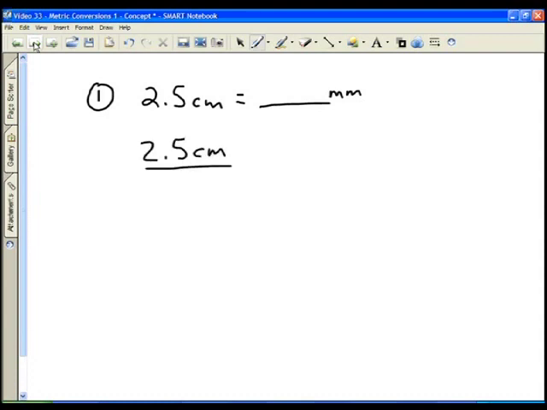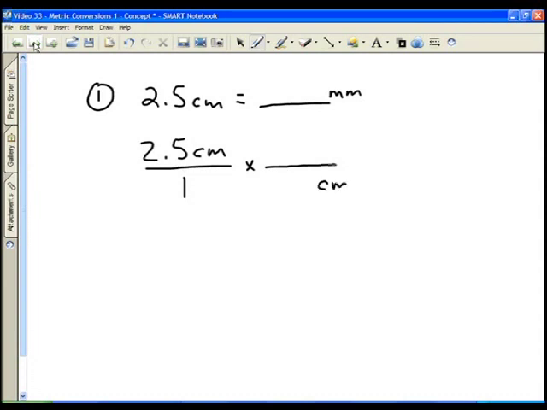We have 2.5 centimeters, and that's the original value that we start with. And now we want to get rid of, so we multiply it by another fraction. We want to get rid of our centimeters and replace our centimeters with millimeters. So this is the label part of the factor label.